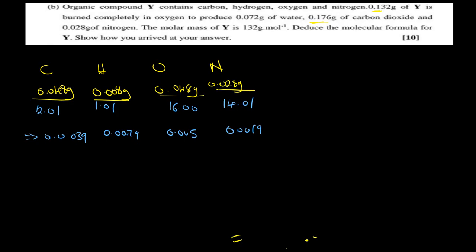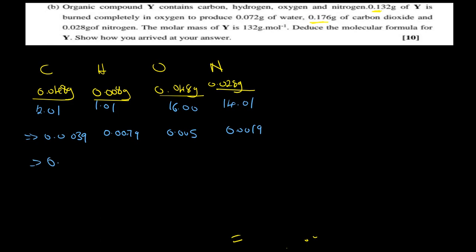Then from there you divide throughout by the least number. What is the least number? Okay, I'll do this in the next step. I'll just leave it at 3 decimal places.